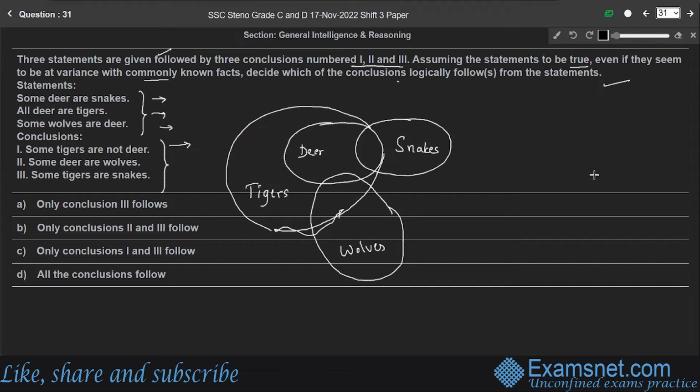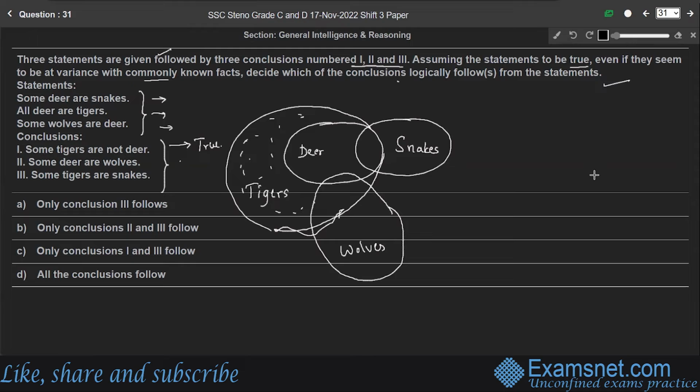Now come to the conclusion part. Some tigers are not deer. Which is true, because all deer are tigers. Whereas this portion which I am showing now, the remaining portion, is nothing but some tigers are not deer, which is true.